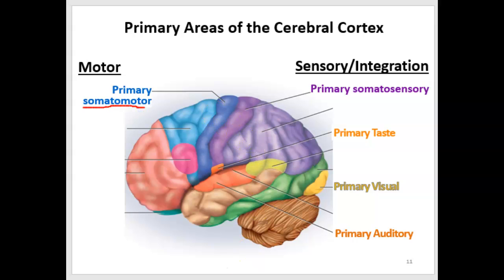Okay, that's the precentral gyrus, and it's this gyrus right here that's dark blue, and that's where motor signals originate that are going to our voluntary skeletal muscles. So you also know another one already, the primary somatosensory cortex. This is the postcentral gyrus, and that's where sensory signals from the skin arrive to the cerebrum.